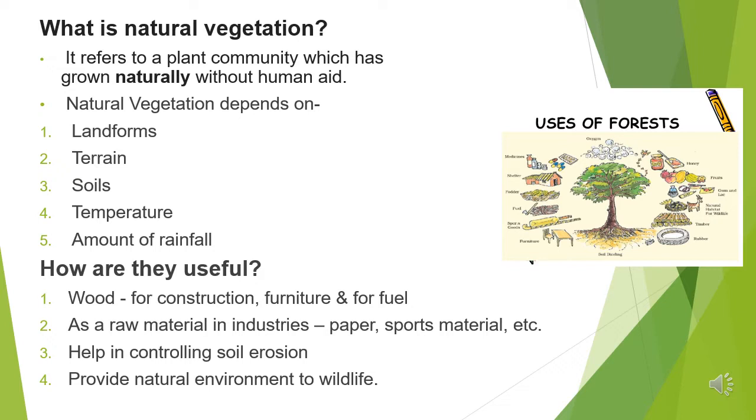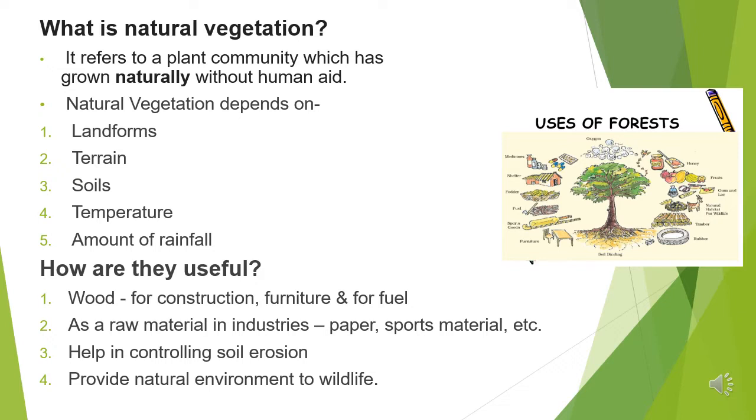This natural vegetation depends on certain factors like landforms, terrain, soils, temperature, and amount of rainfall. Landforms like mountains, plains, or plateaus. Terrain, the surface of the land that is flat or rough or suitable for growing trees or not.